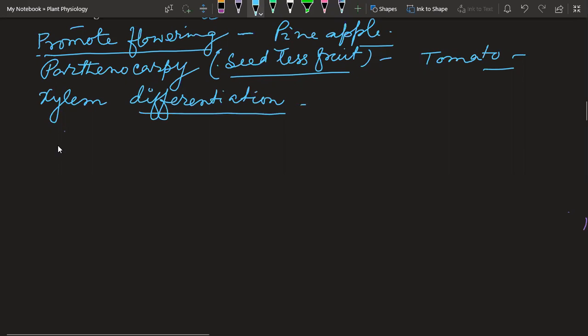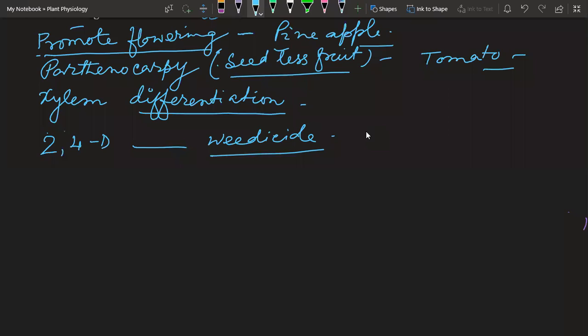Then one peculiar thing is that it is used as a weedicide. One hormone, 2,4-D, is a weedicide. It kills weeds.